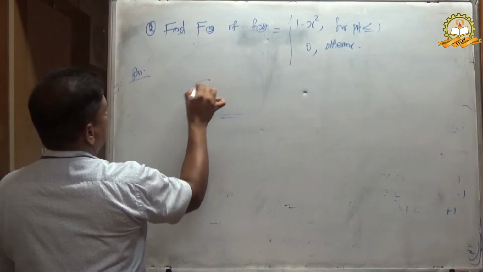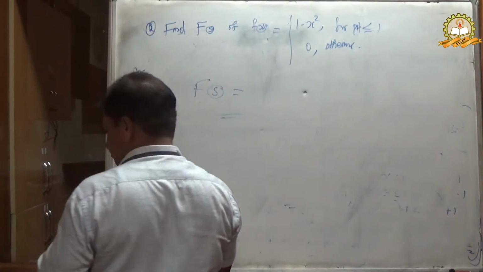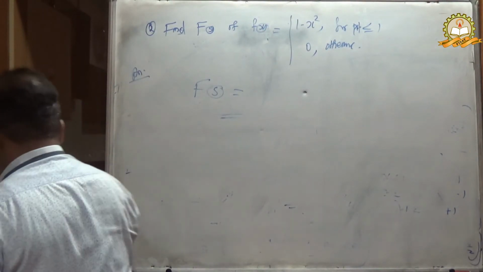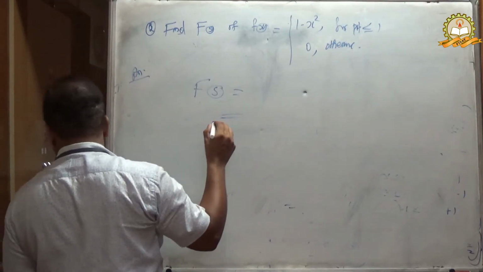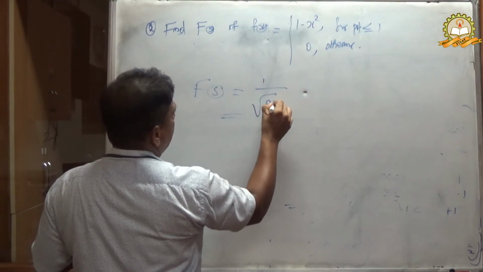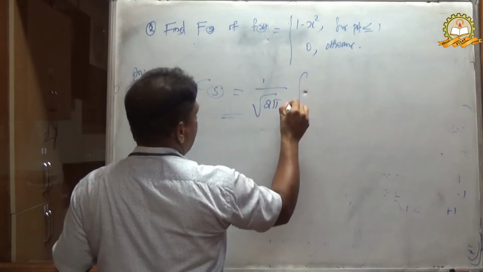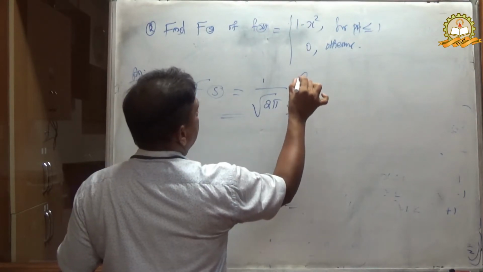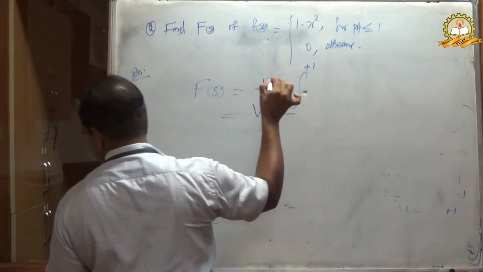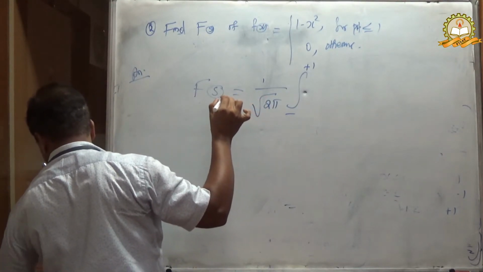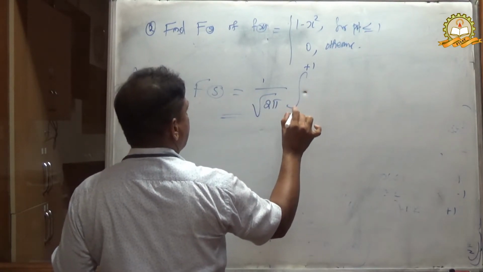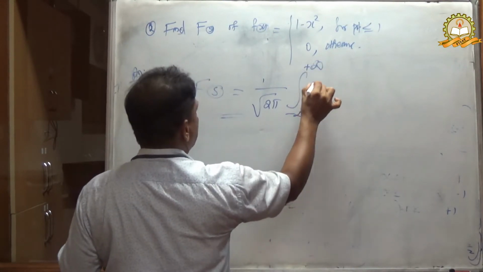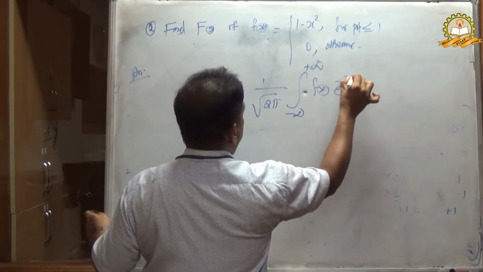First we write the formula. Fourier transform formula: 1 by root of 2 pi, integral from minus infinity to plus infinity of f of x e raised to minus isx dx.